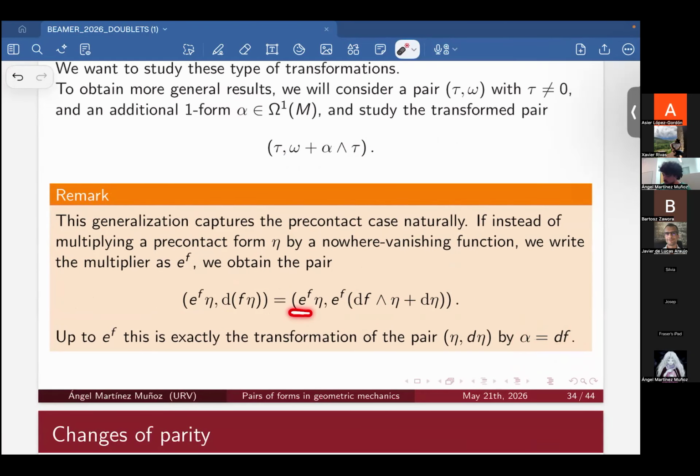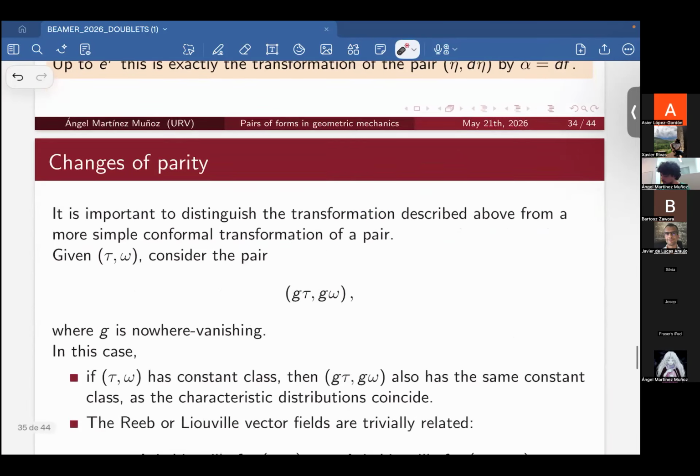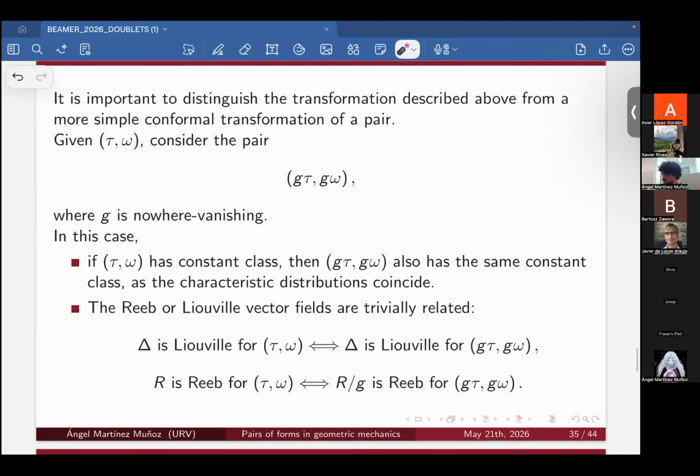The other change, here you have this multiplication of everything by some function, but this is not a problem, because the transformation above is a bit more complicated than just multiplying both things by a function. If you take a doublet and multiply the two form and the one form by a nowhere vanishing function, this is not a problem, because if the class is constant, then this will also have constant class.